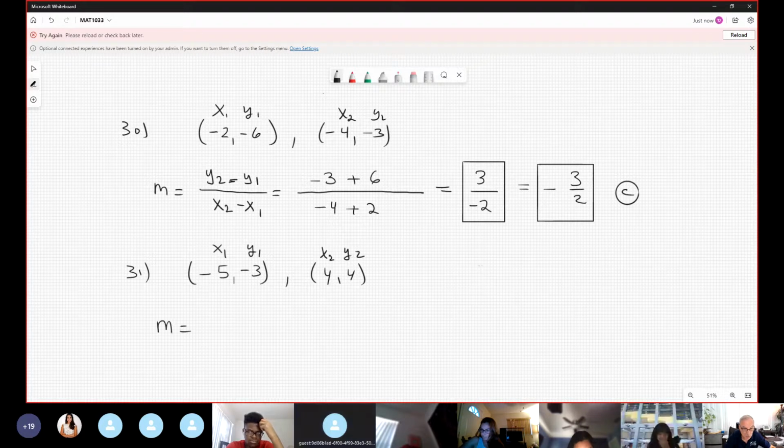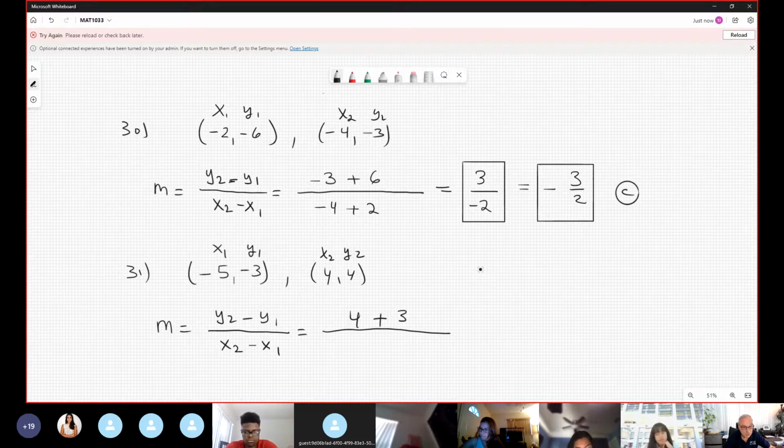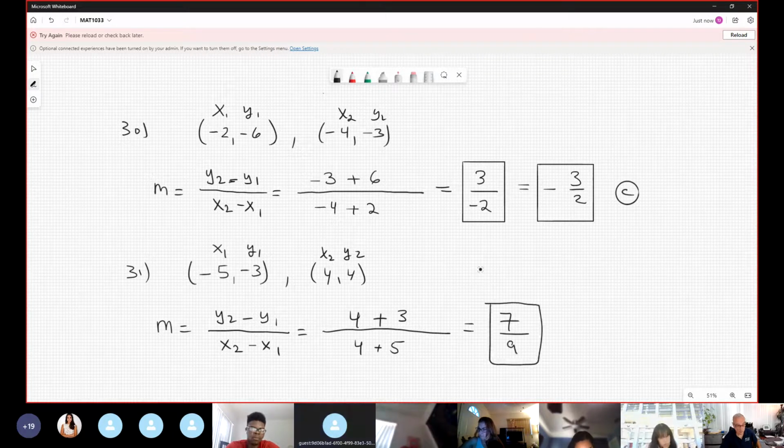Formula: y2 minus y1 over x2 minus x1. y2 is 4 minus y1 is minus 3, double minus becomes positive. x2 is 4 minus negative x1, which is negative 5, so positive 5. Cool? 7 over 9. Boom. Final answer. 7 over 9 positive, no? Option A.